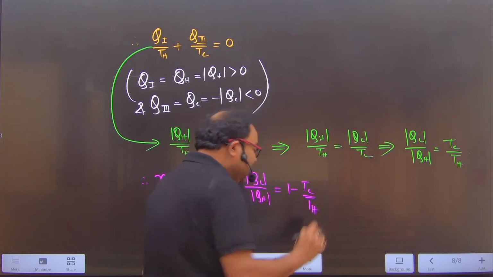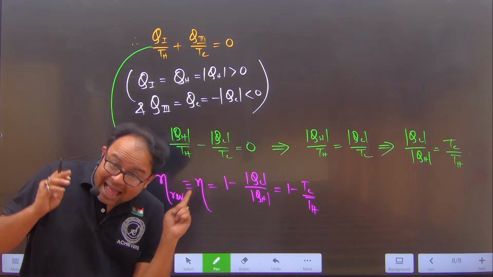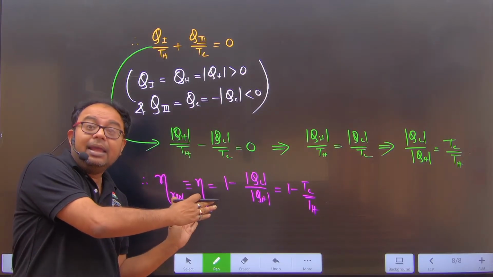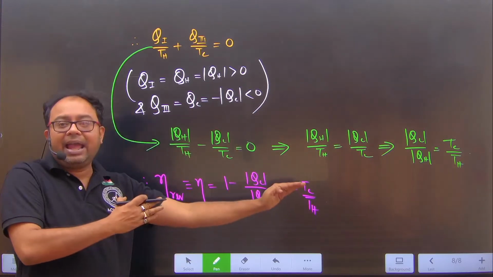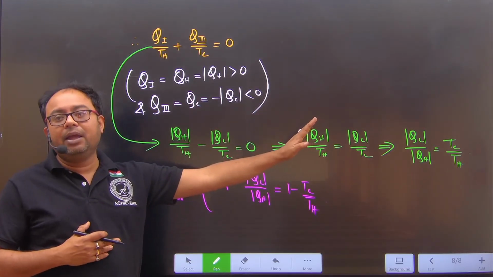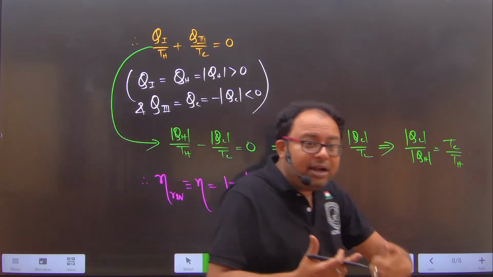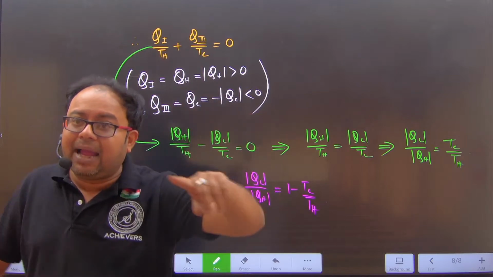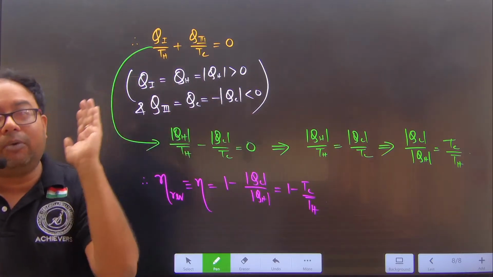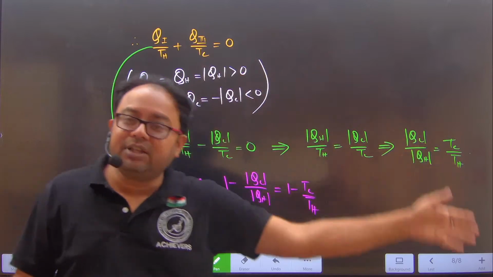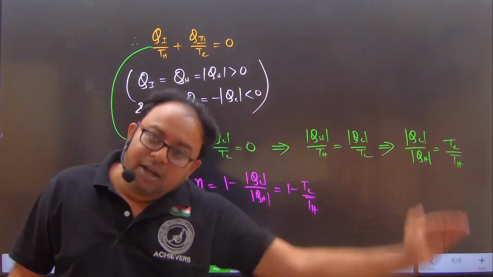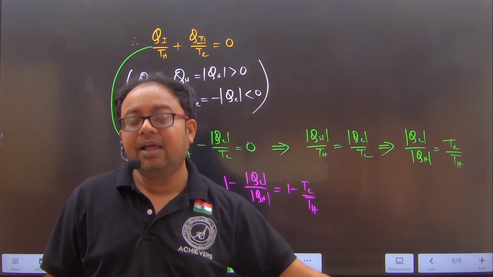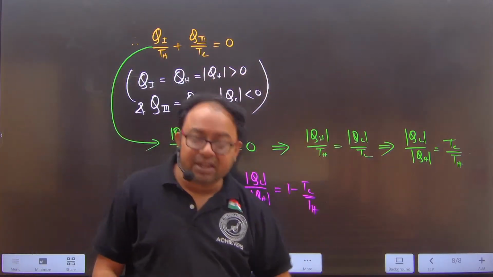See, you can derive the expression of eta reversible in a different way from the concept of entropy. We have already developed the expression of eta reversible from the Carnot cycle by applying first law of thermodynamics directly to each and every step. That was the conventional process of the determination of expression of eta, and that's what we have done in our previous lecture.